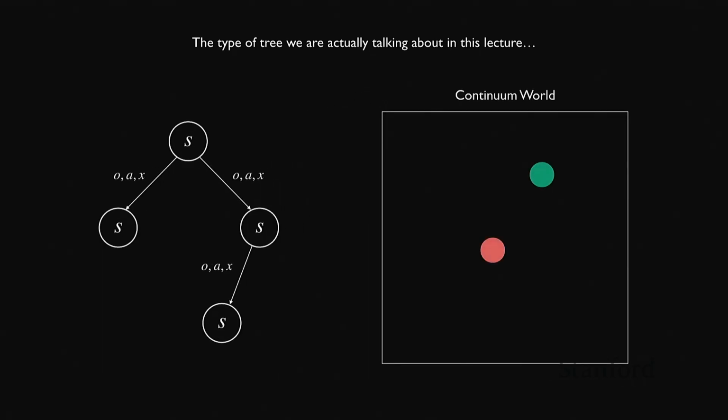Okay, so an example that we're going to use quite a bit throughout this lecture is what we call the continuum world. It's in the back of the book. The general idea here is it's a continuous version of a grid world problem. So we have an agent that can move around within this space, and it needs to reach this goal while avoiding this obstacle. And similar to the grid world, it can take actions of up, down, left, and right, and it will move 1 unit in all of those directions.